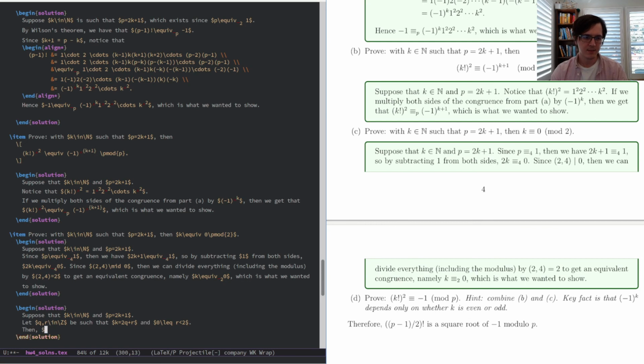Then p is equal to, plugging k in, 4q plus 2r plus 1, and that's equivalent mod 4 to 2r plus 1. Since p is equivalent mod 4 to 1, this means 2r is equivalent mod 4 to 0.